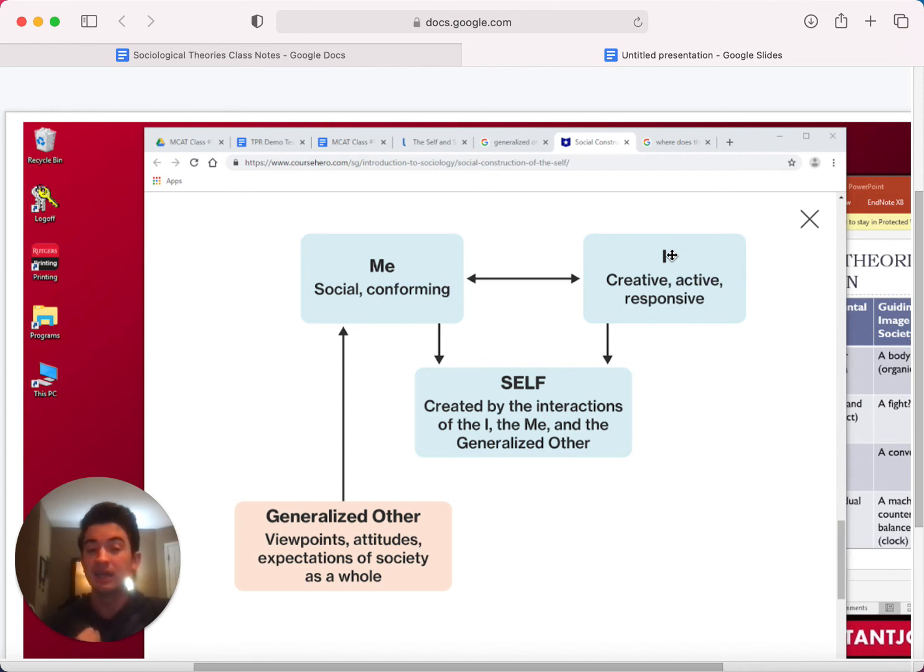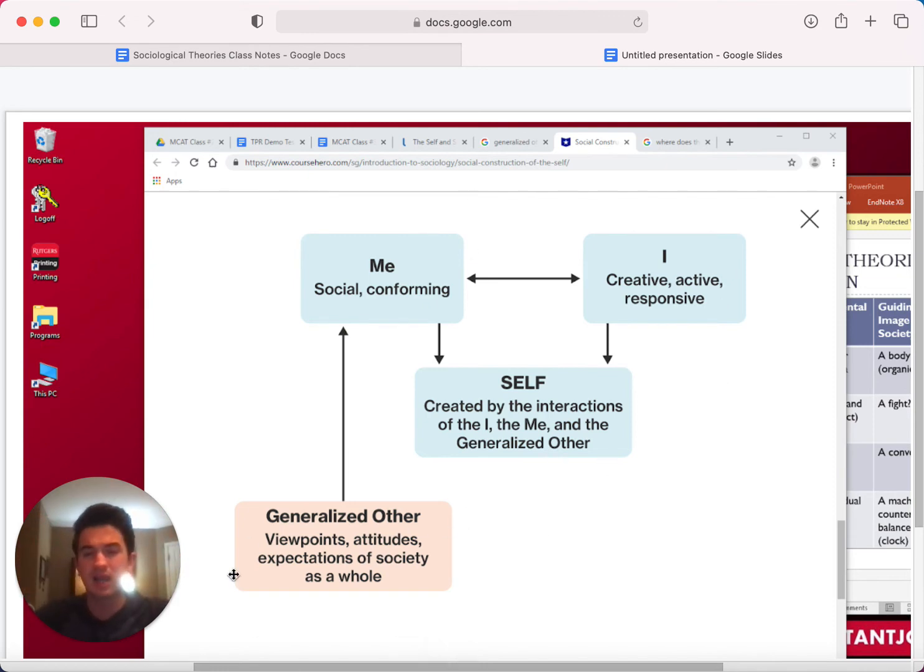Your I is what you think about yourself, what you showcase to other people. So those are both components of yourself. And then this generalized other is the attitudes, the viewpoints, and the expectations that society has on you that influence your me, okay? So remember, the generalized other influences your me, and then both your I and your me work together to form your entire self concept, okay?